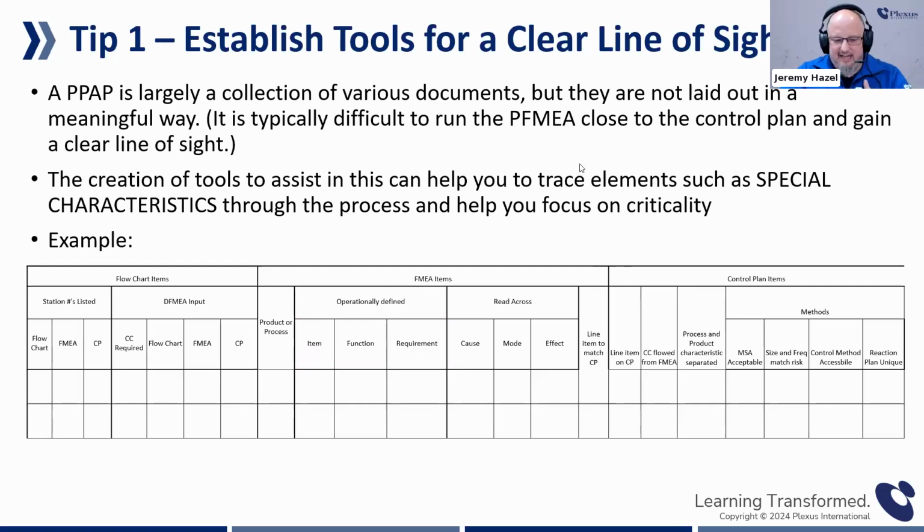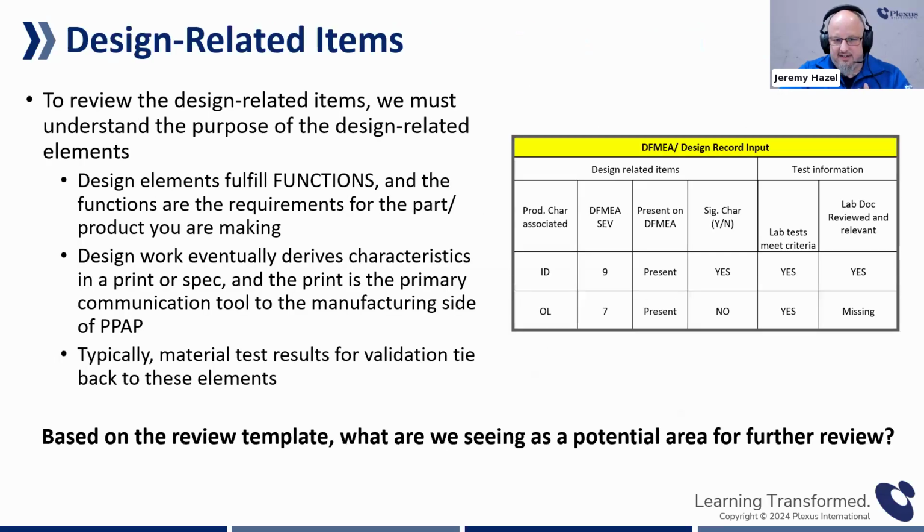Now, I'm just going to give you an example. We should ideally be looking at things that matter. So in automotive, special characteristics, near and dear to our heart. This is a tool that I would use primarily for special characteristics, but it can really be used for every characteristic on the print.